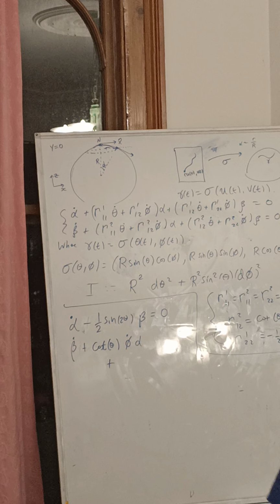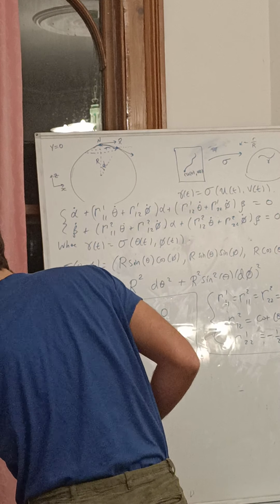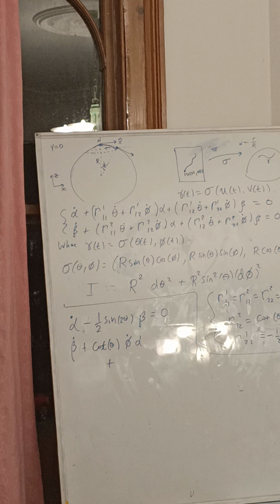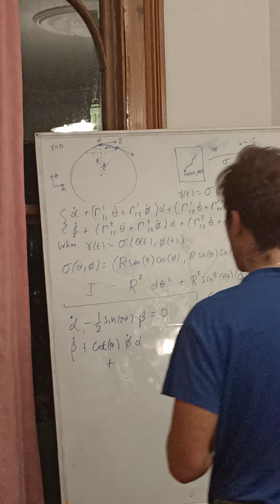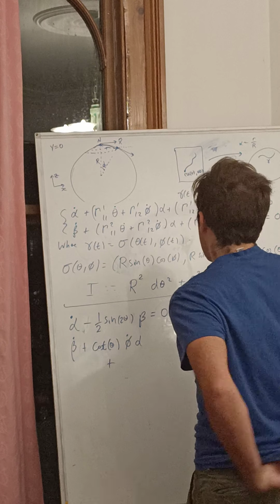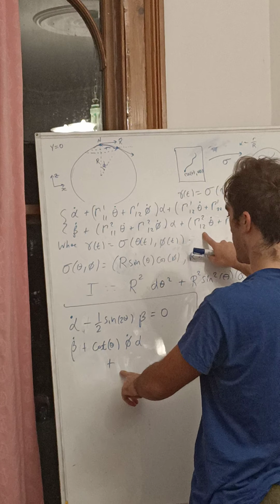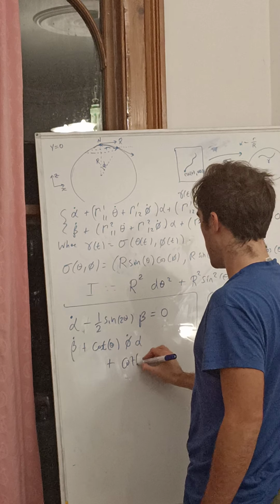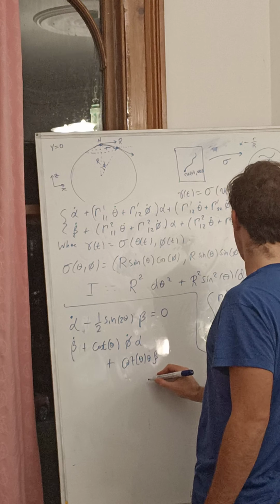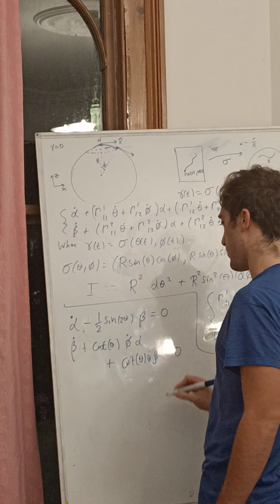So let's carry on with our calculation. We've got this, and our next term was this, so cot theta theta dot beta, and then the final term is just 0, so that's equal to 0.